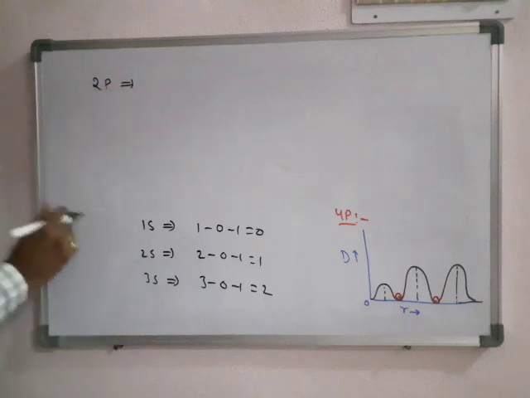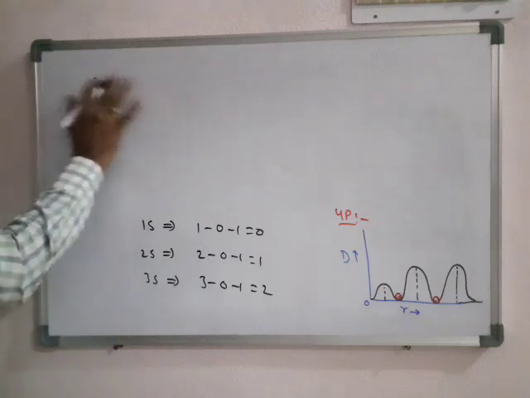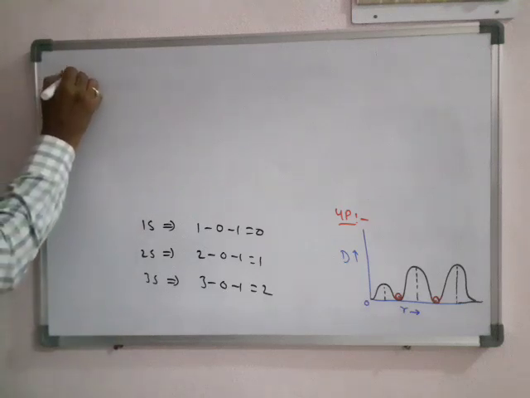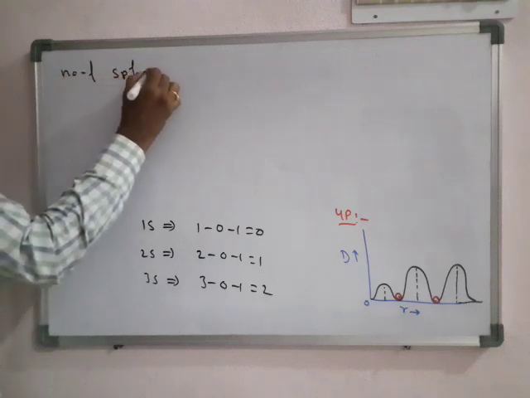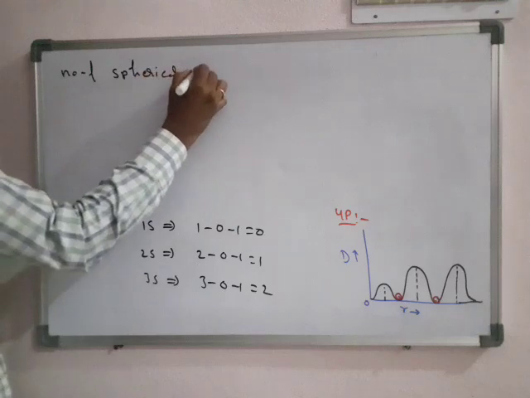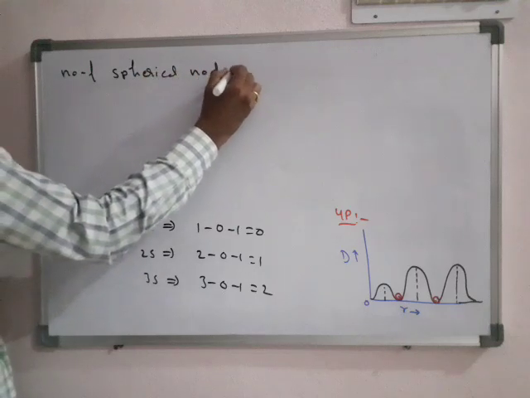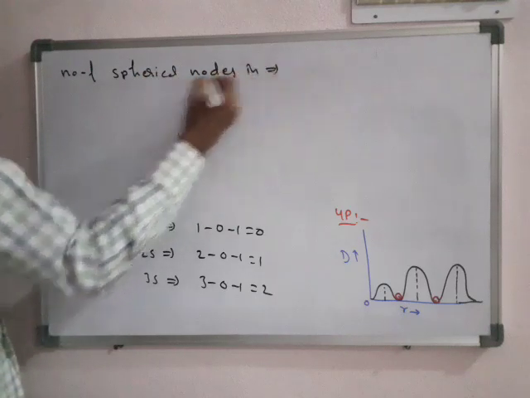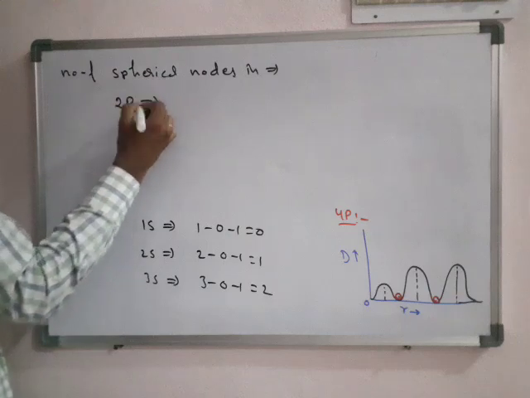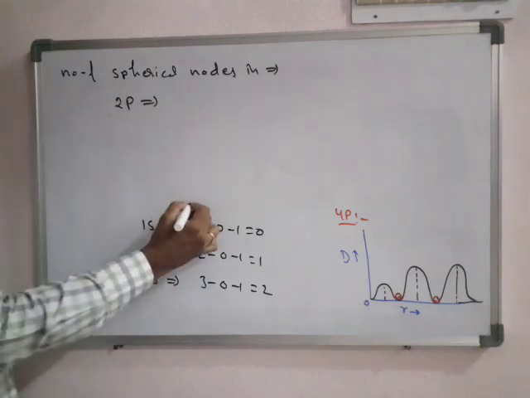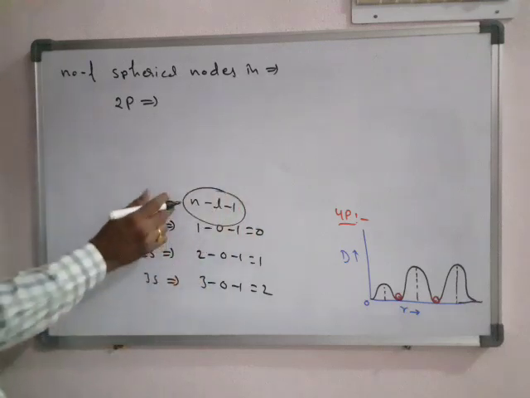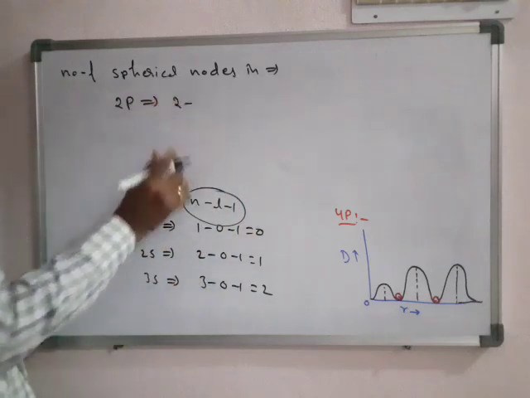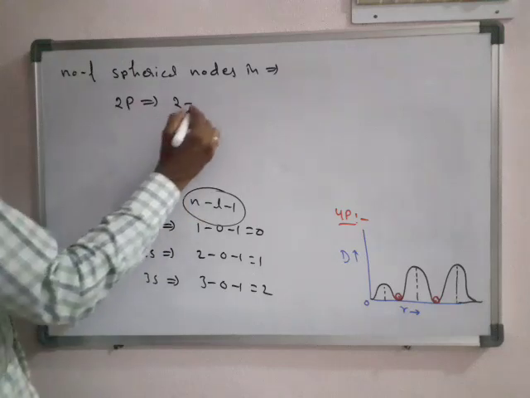For 2p, the number of spherical nodes in 2p. What is the formula? n minus l minus 1. Here n is 2. What is the l value for p? 1.